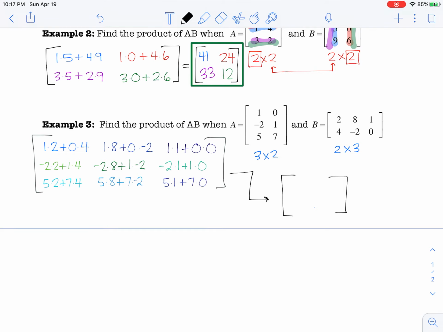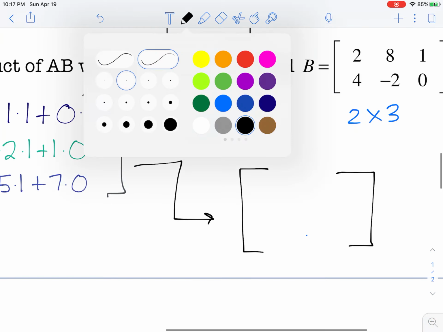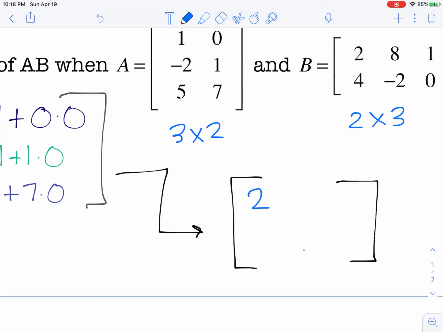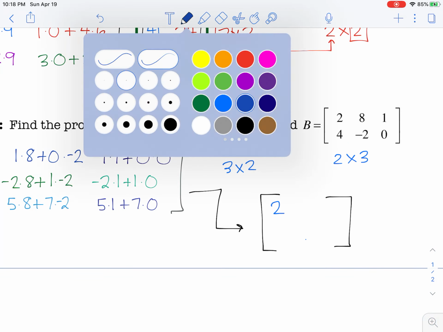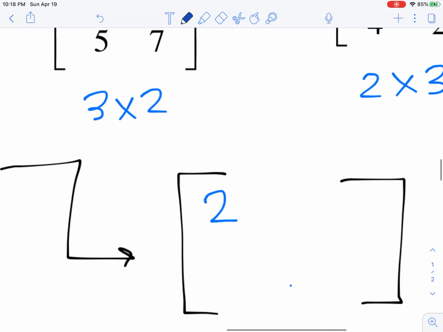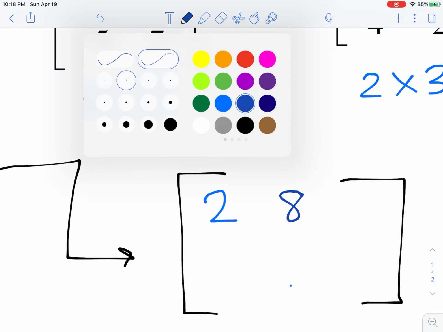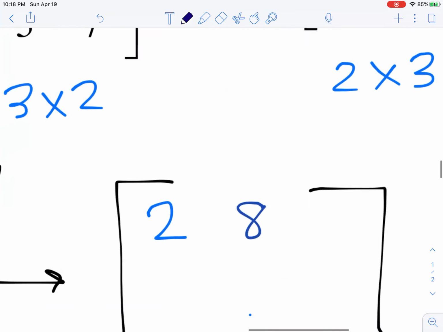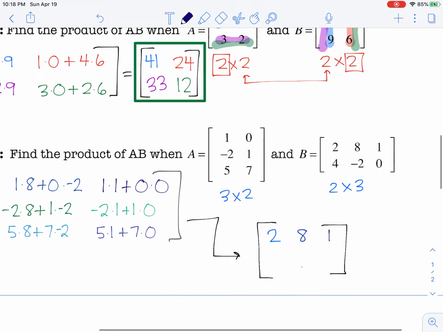So if I enter these in, you can do it on your calculator. 1 times 2 plus 0 times 4 should be 2. 1 times 8 plus 0 times negative 2 should be 8. 1 times 1 plus 0 times 0 is just 1.